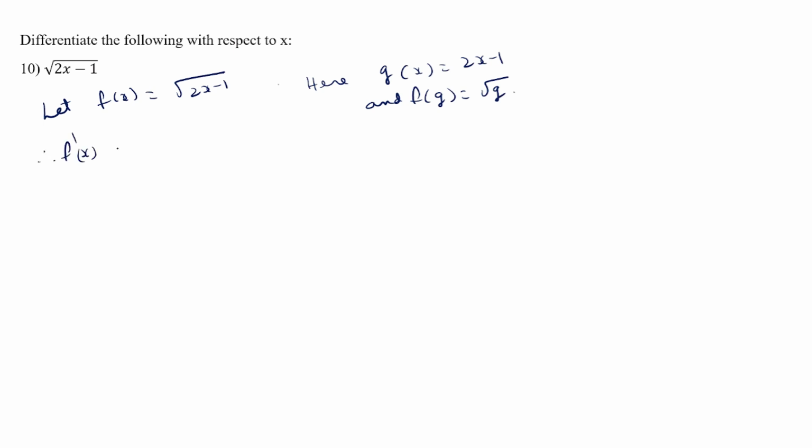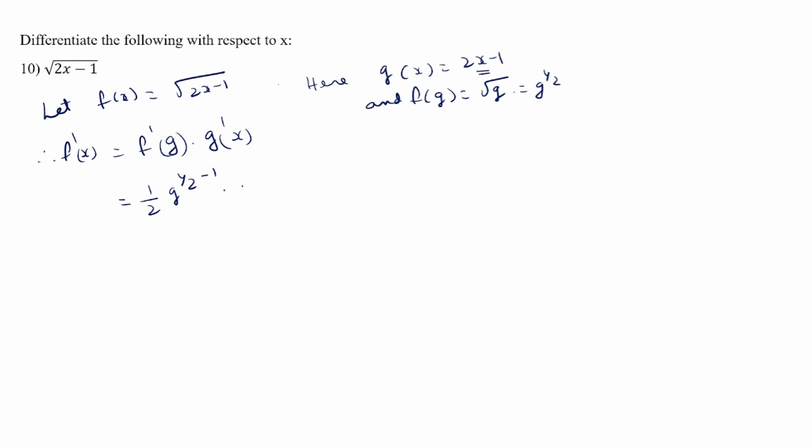Therefore, using chain rule, f dash of x is f dash of g of x into g dash of x. So this is equal to the derivative of root g, which is g raised to half, so it is half into g raised to half minus 1 into g dash of x.